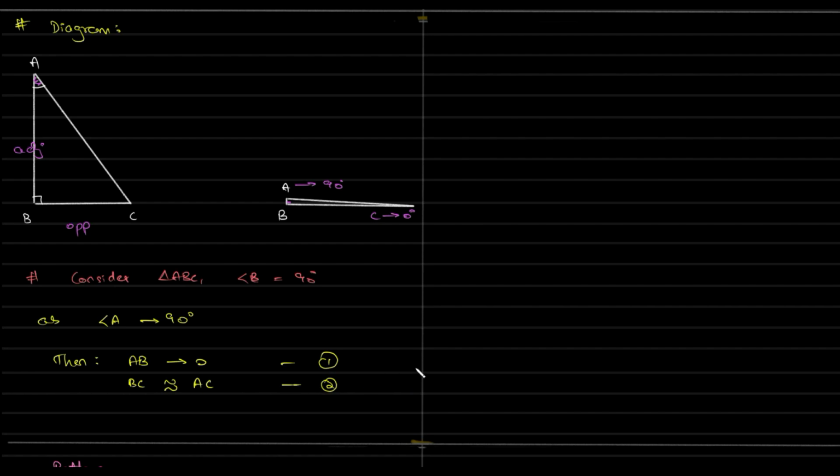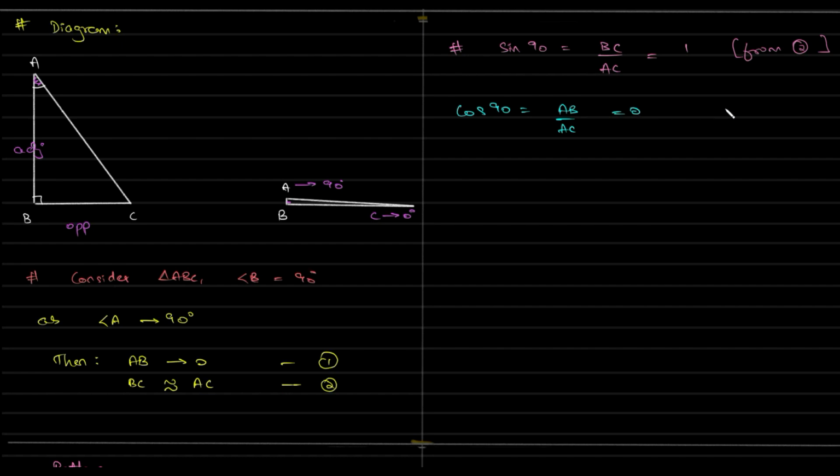Now we just have to write the ratios, that's it, nothing else. Then we have sine of 90, which is opposite by hypotenuse. So this is equal to 1. This is as per equation 2. Next we have cos of 90. Cos is adjacent AB by AC.